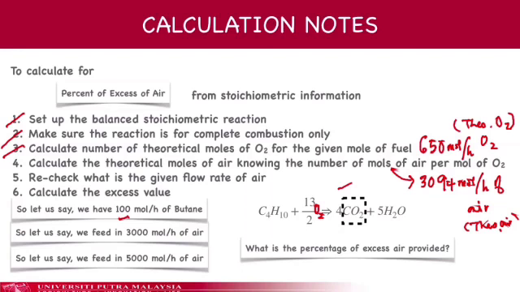So let us check what is the amount of air that is fed into the system to see whether we are feeding the excess values or we are not. All right, let us see the first one. We are providing the system with 3000 mole per hour of air. So we can see that our theoretical value was 3094. So this one here is a little bit short, right? This is less than 3094.